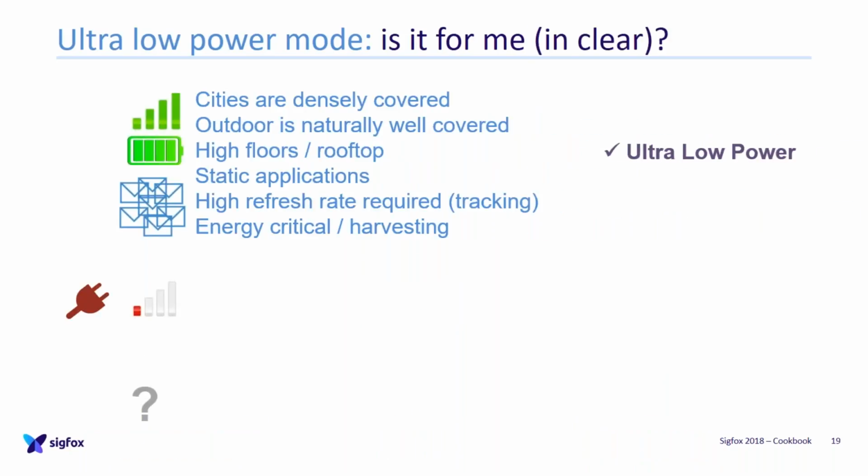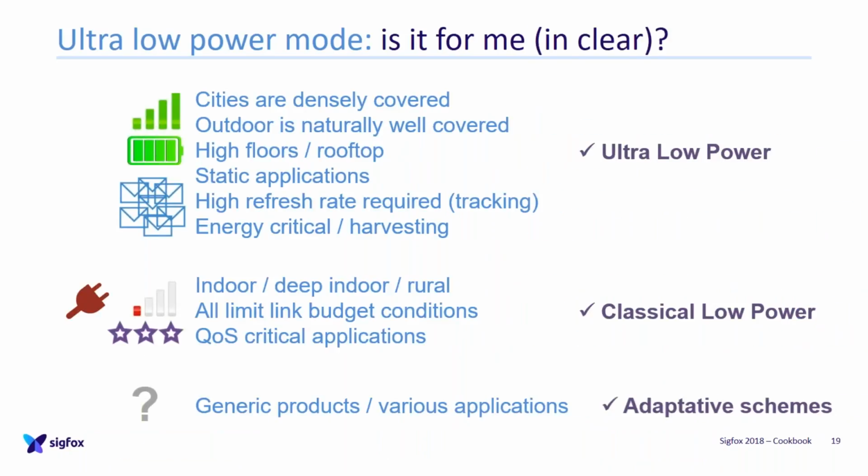So these are how the complexity and the relationships develop for the two options. Now, for your application, because there are areas and situations better covered than others, you can identify very quickly if you are eligible or not. For example, cities are densely covered, very well covered. Outdoor situations, be it cities, suburbs, or even small cities, are also naturally well covered.